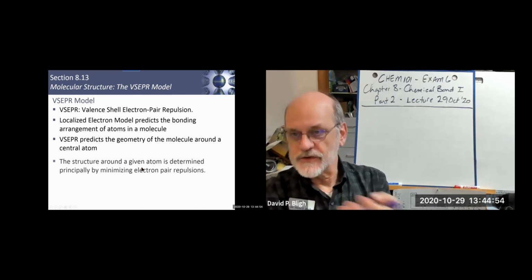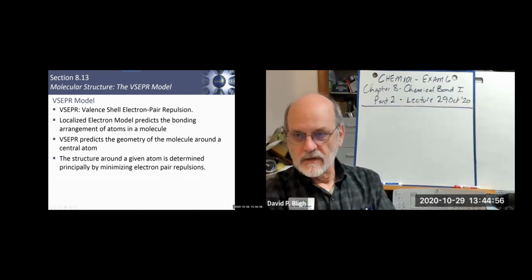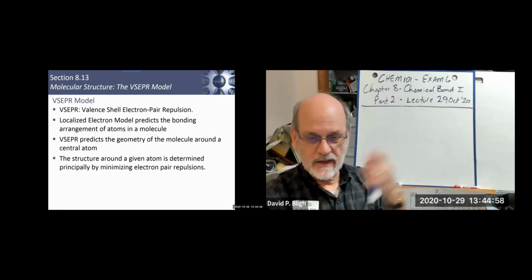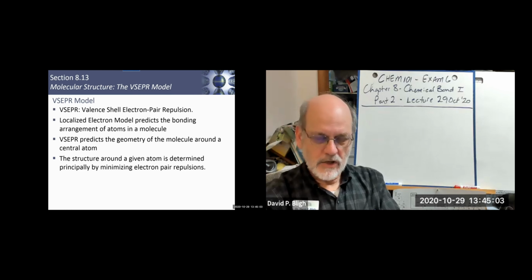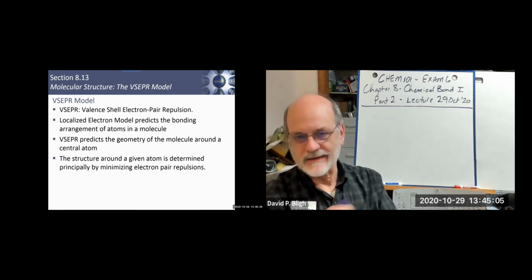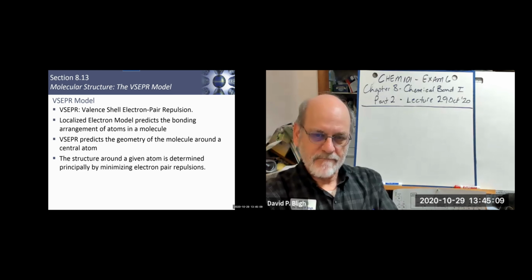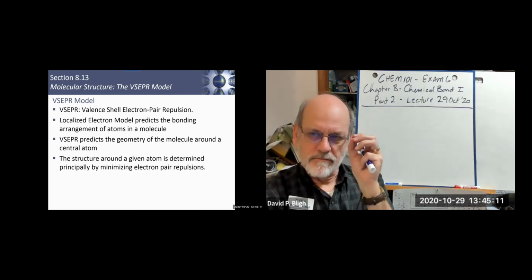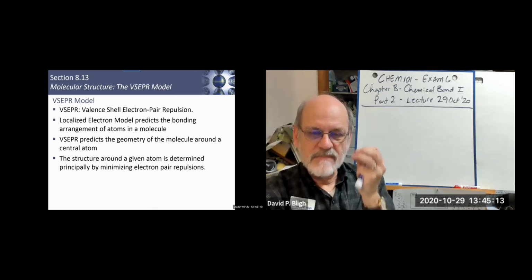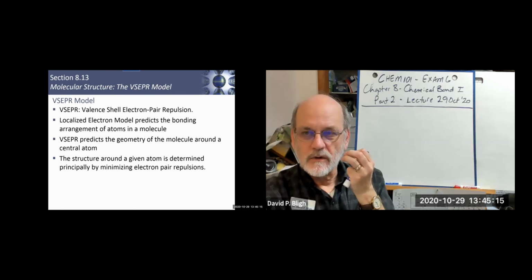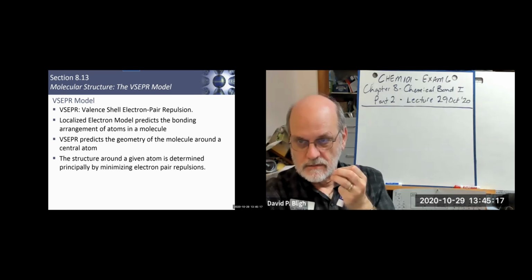And we're going to start off with the simple ones first. You know, I'm not going to hit you with, I don't know, a huge amino acid or something like that, or a polymer. So the central idea here is to minimize electron group repulsions.